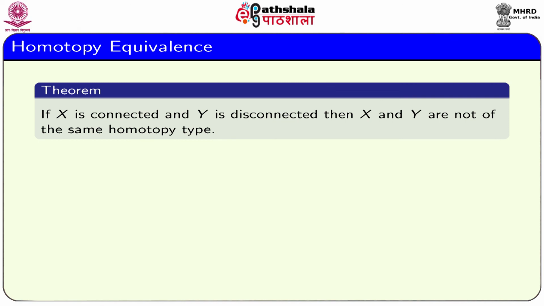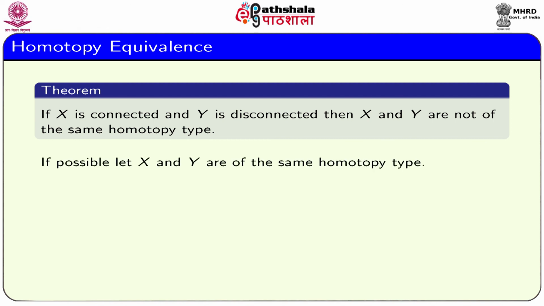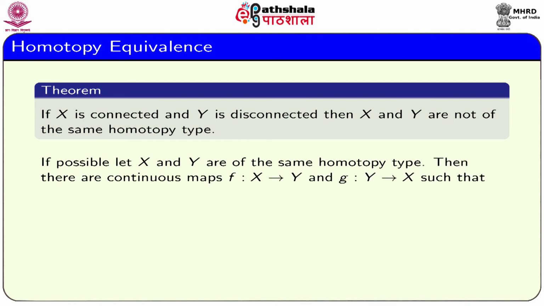Now, if we take a connected space capital X and a disconnected space capital Y, then capital X and capital Y are not of the same homotopy type. If possible, let X and Y be two spaces which are of the same homotopy type.